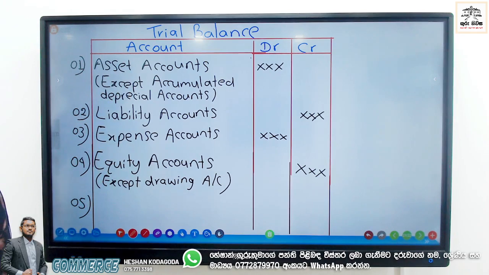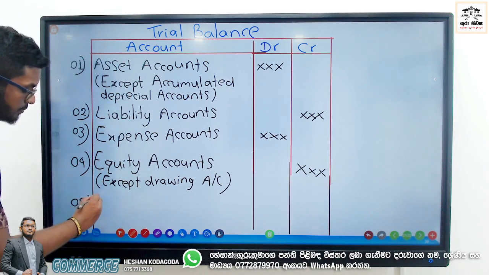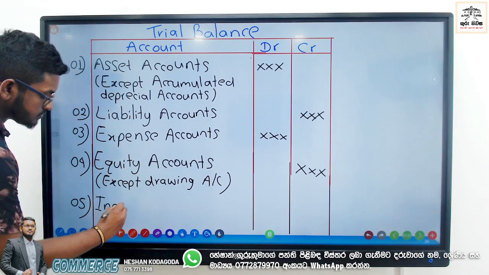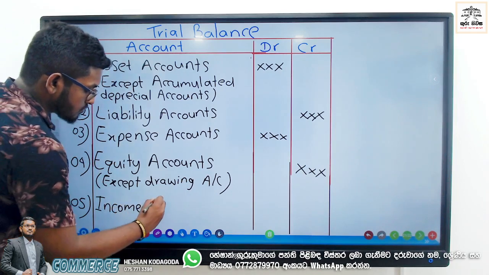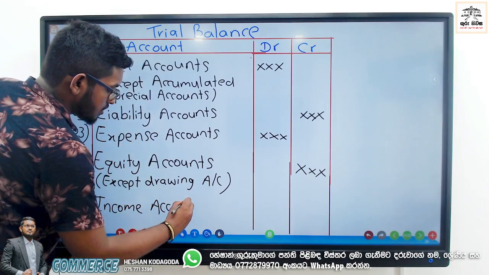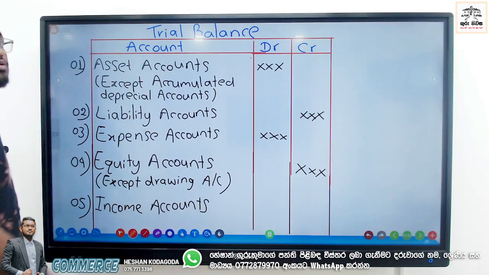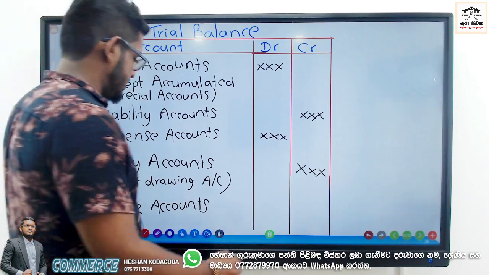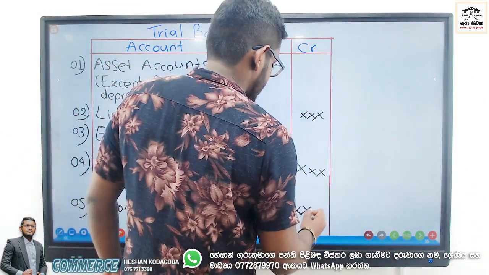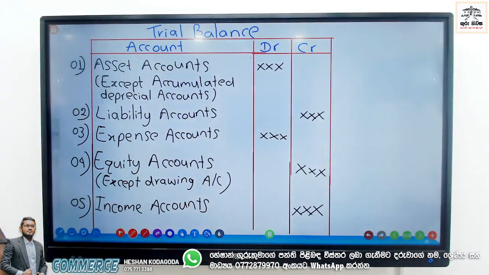Number 5, right? Income account. When it comes to income accounts, balance brought forward is on the credit side. Okay, this is the revision for the trial balance in grade 10. Quickly write this and raise your hand.